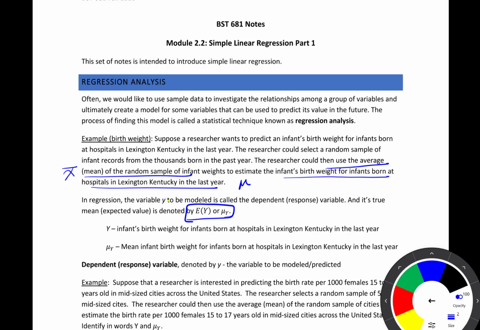Many other textbooks will use this expected value of y notation, but they mean the same thing. So for this example, y is the infant's birth weight for infants born at hospitals in Lexington, Kentucky in the last year, and mu y is the mean infant birth weight for infants born at hospitals in Lexington, Kentucky in the last year. So again, notice that this is a parameter.